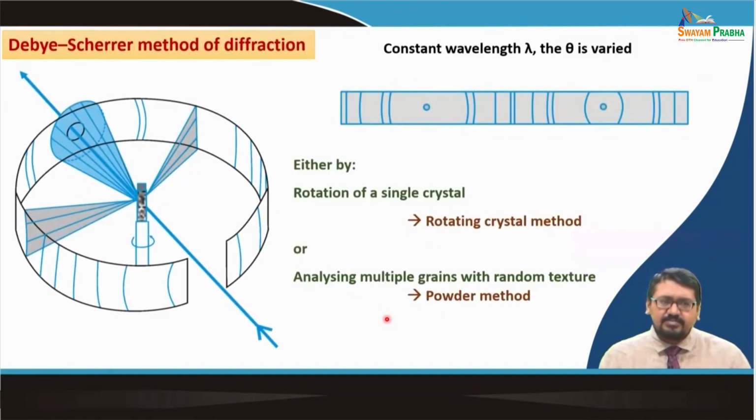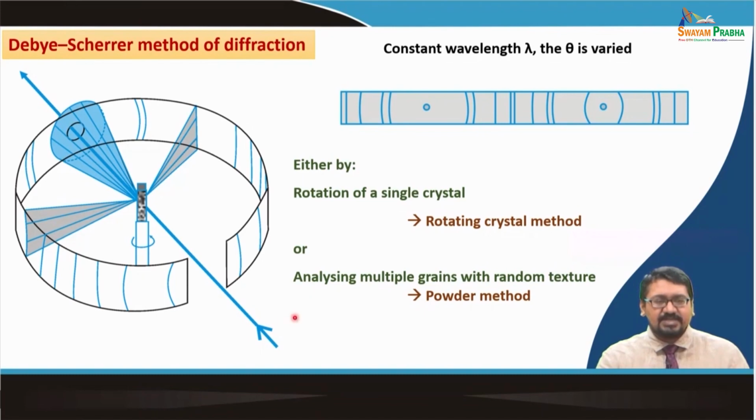Later, Debye and Scherrer modified this method of diffraction and used characteristic X-rays, that is monochromatic X-rays, to diffract different HKL planes at different Bragg's angles theta.